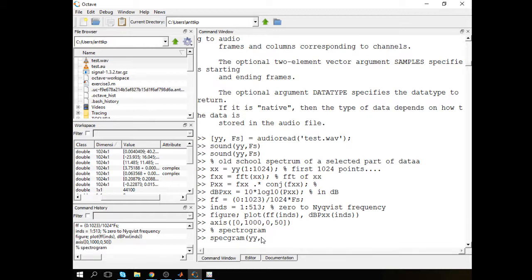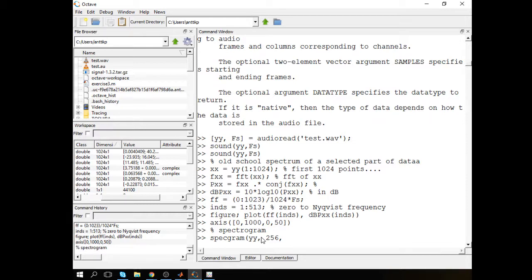Then how many points? 1024 points, for example. Oh, this is quite much. I think maybe 256 is enough, or maybe 512, as long as it's 2 to the power something. The next parameter is actually the window. Okay.